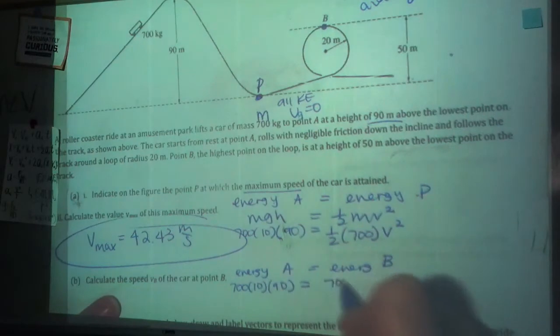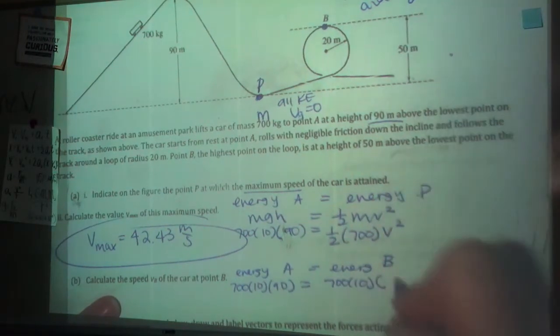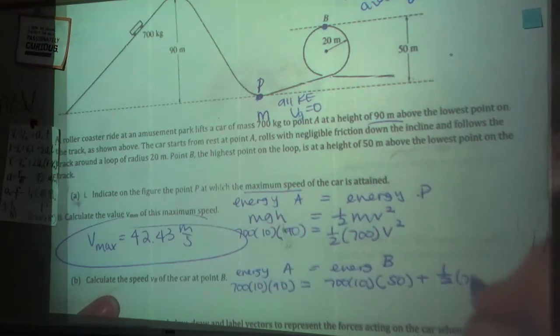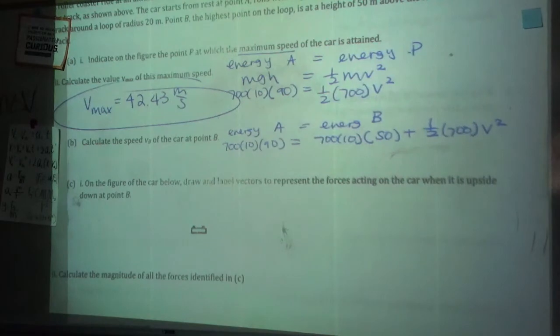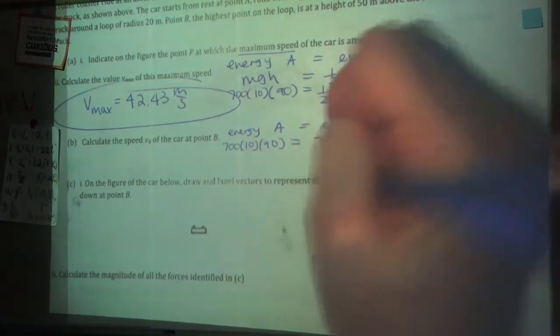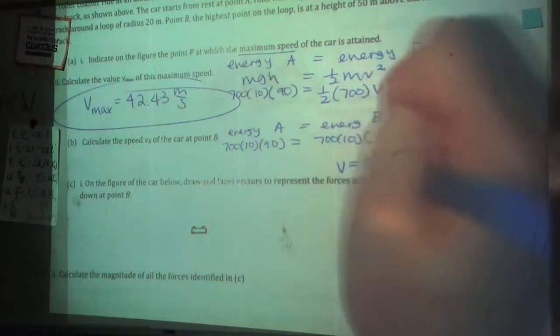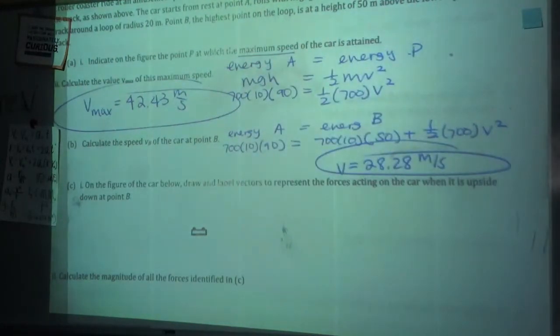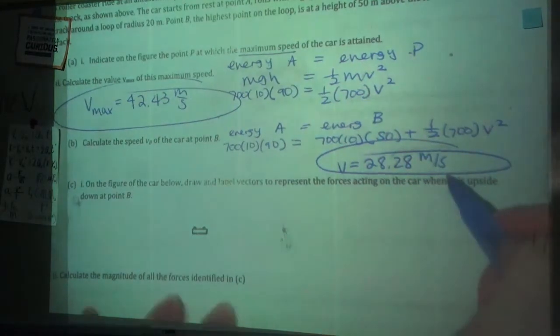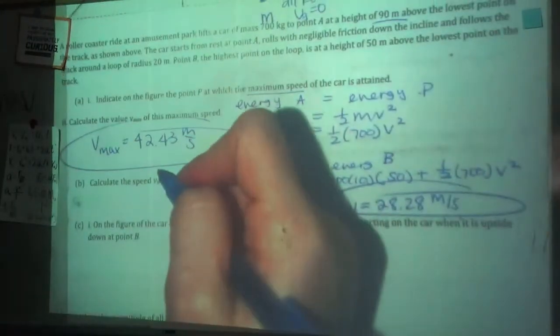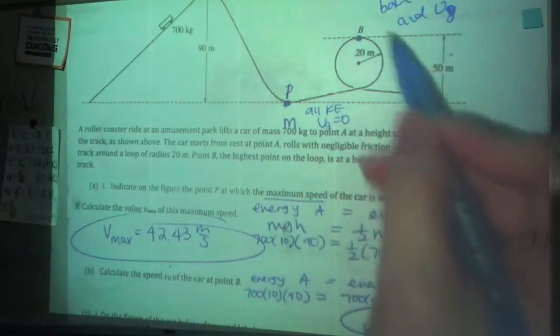So we would just do mgh, 700 times 10 times the height of 50, plus its kinetic energy, 1/2 mass v squared. And again, I'll let you guys solve that. Pause the video while you solve. You should be getting your velocity is 28.28 meters per second, which at least is slower than the maximum velocity, so at least that checks out.